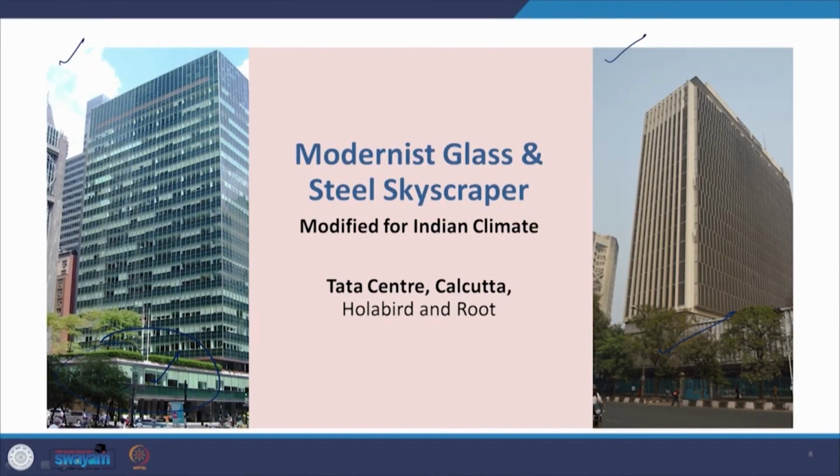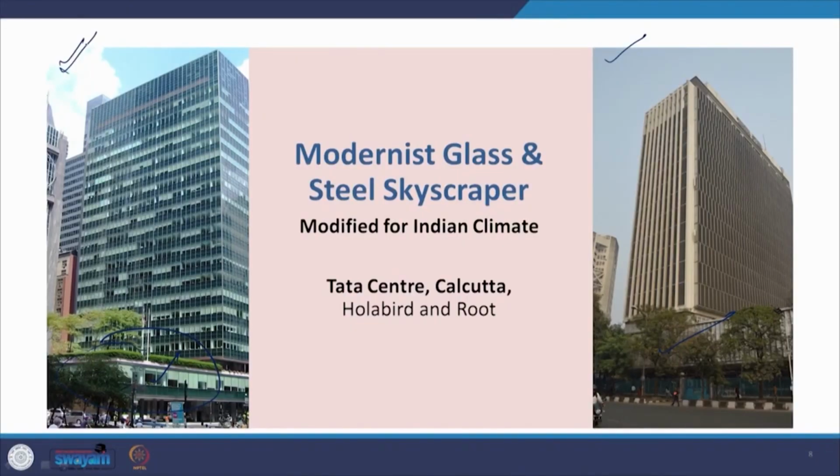And later on, when we look at the study of point blocks, I will again come back and refer to this kind of configuration of point blocks. But here we see that this was a sleek glass building, the Lever House, and this block of Tata Center is very similar to this. The only difference is it has been modified to Indian climate.